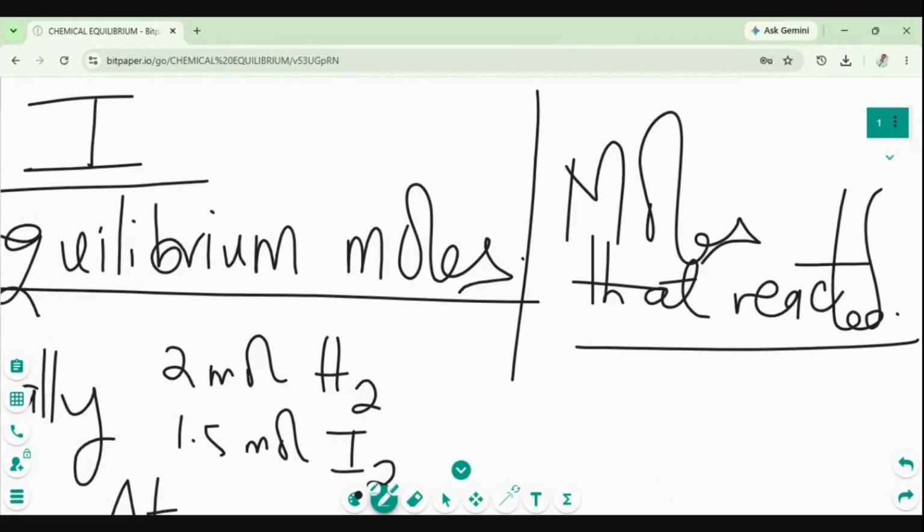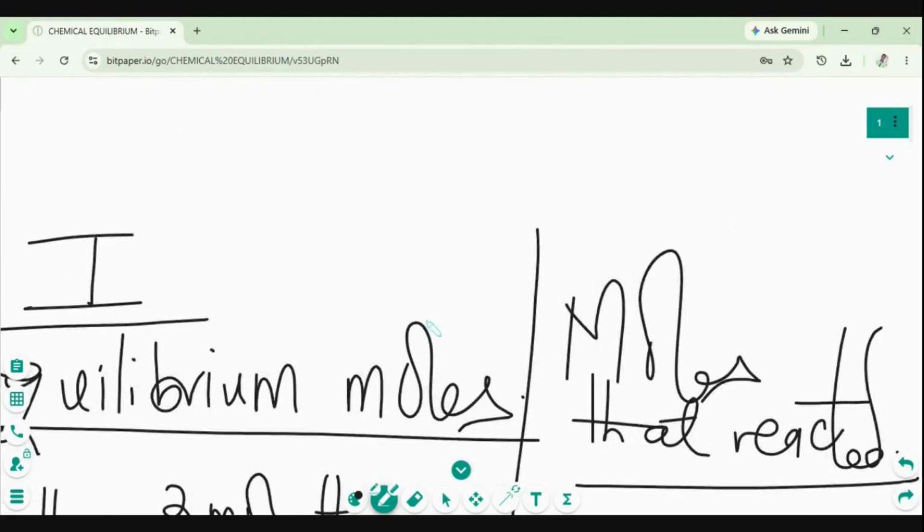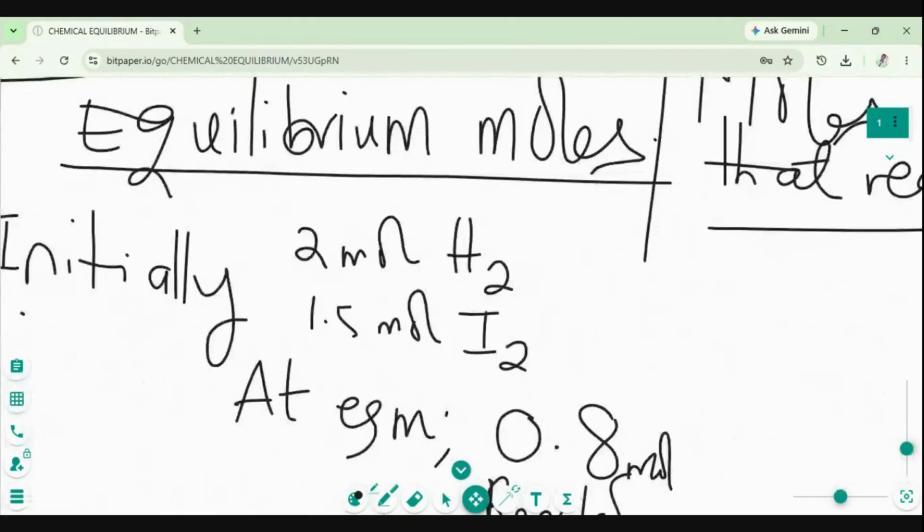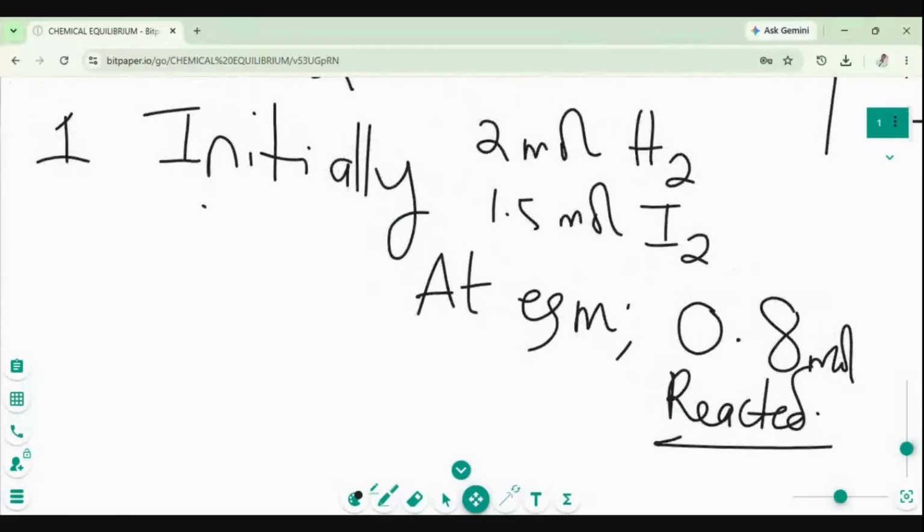We have a question that says, initially we had 2 moles of hydrogen and 1.5 moles of iodine, and at equilibrium 0.8 moles had reacted. Our intention is to determine the Kc for this particular equilibrium.